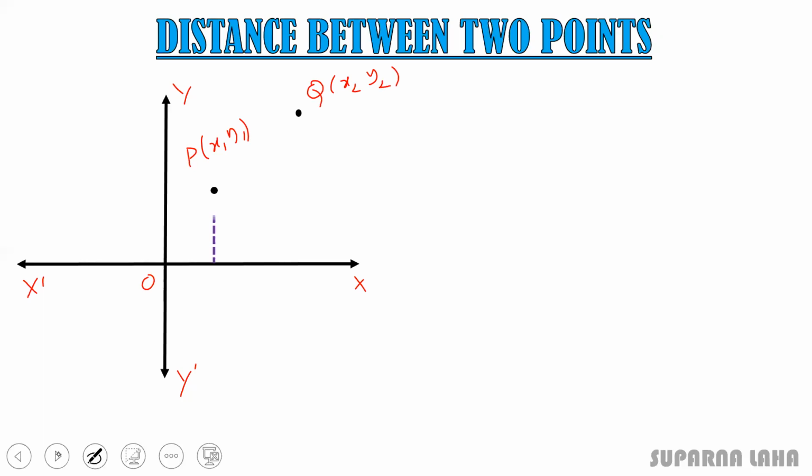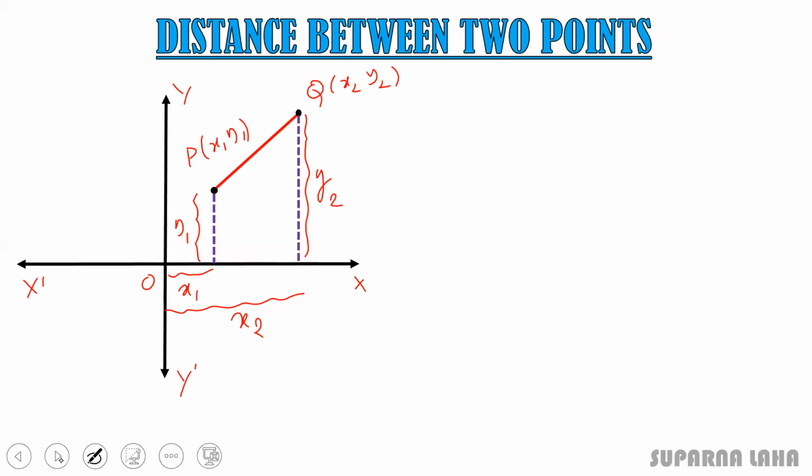So this distance is x1 and this is y1, and next this is x2 and this is y2. Clear? Now you need to find the distance between these 2 points, P and Q.